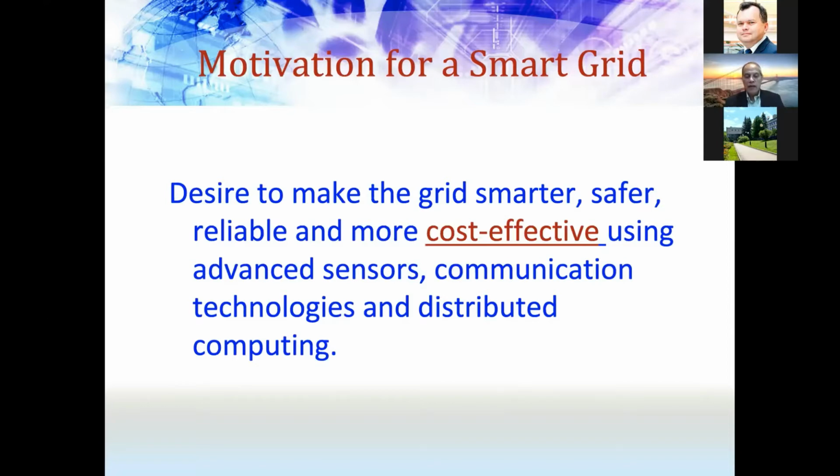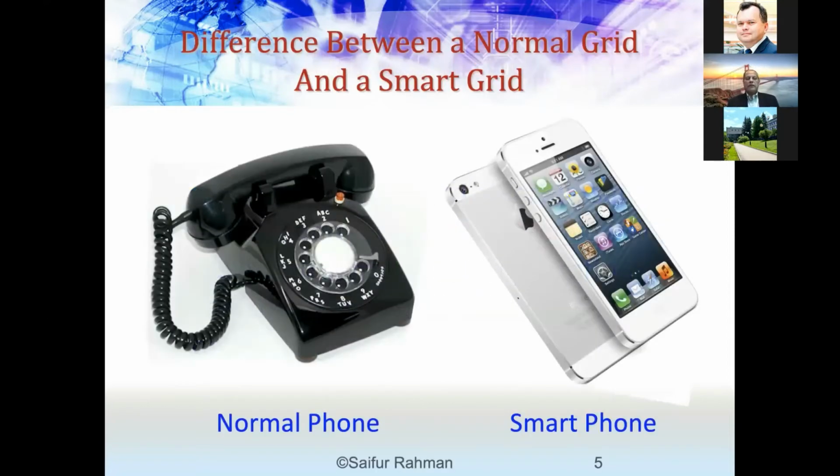Why? I use this picture to explain the difference between a normal grid and a smart grid. On the left-hand side, I have the typical old black telephone, which has been around for more than 100 years. It costs in the US about $15. On the right-hand side is an iPhone. iPhone 11 costs over $1,000. A phone is a phone. You make a phone call. So why should you spend $1,000 instead of $15?